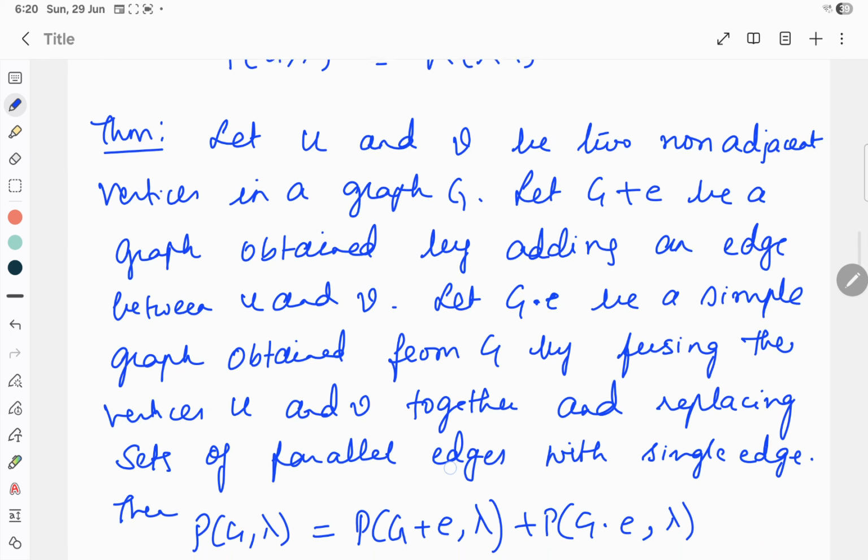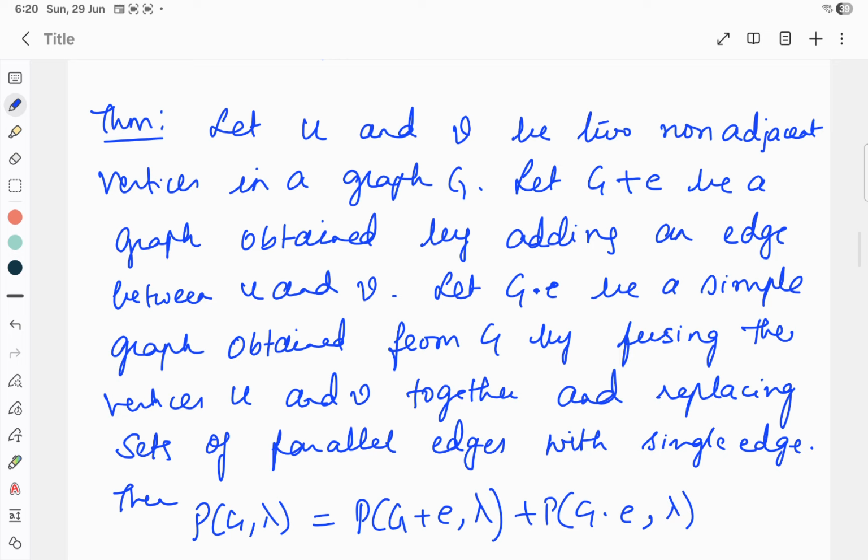We have another theorem which states: let u and v be two non-adjacent vertices in a graph G. Let G plus E be a graph obtained by adding an edge between u and v. Let G into E be a simple graph obtained from G by fusing the vertices u and v together and replacing the sets of parallel edges with a single edge.